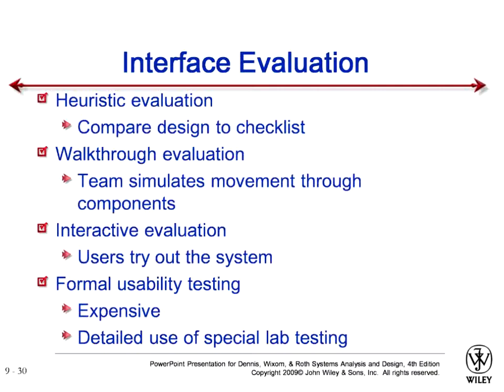You can perform heuristic evaluation, where you compare your design with a checklist, or you ask your team to simulate movement through components and see how the user will be moving, or you make users try out the systems and have interactive evaluation, or you can go for usability testing, but it will be expensive and it will be a detailed testing.